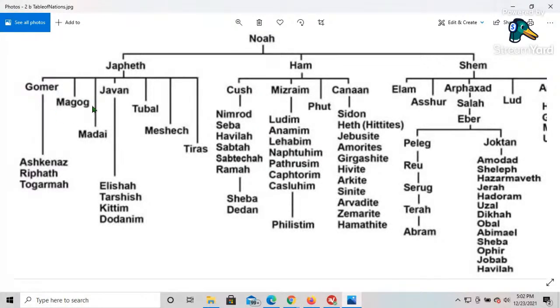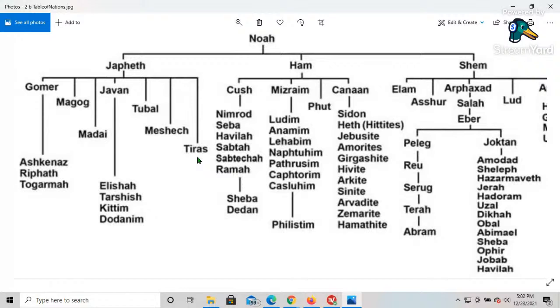Magog went north and then east is known. Madai of the Medes is known. Javan, the Greek Javan, is known. Tubal settled in Italy. Meshech went straight north and stayed north.